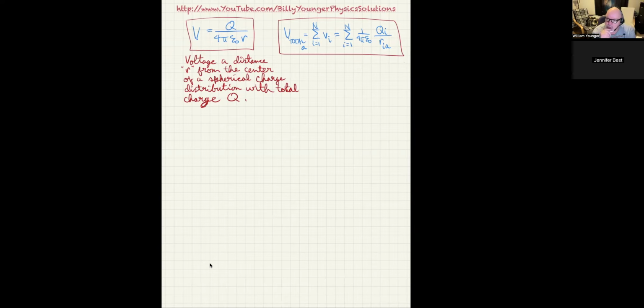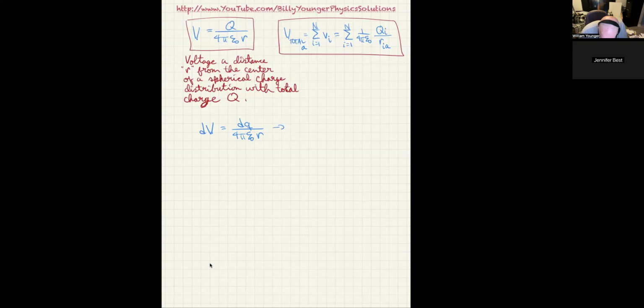But what if, instead of a finite number of charges, we want an infinite number of charges? Well, it turns out that can be done pretty straightforwardly as well, and that formula is dV, the differential chunk of voltage, if you will, is equal to dq over 4 pi epsilon naught r.